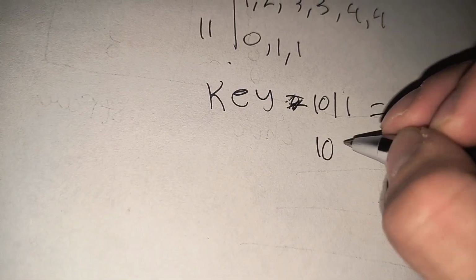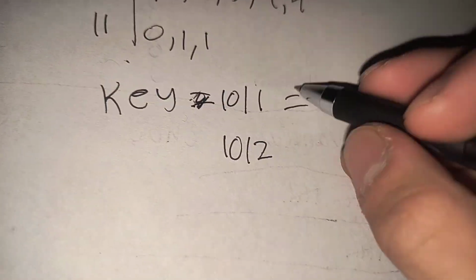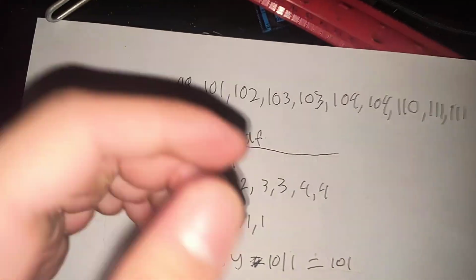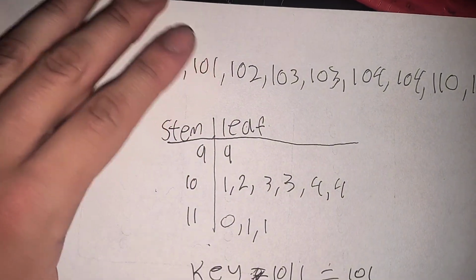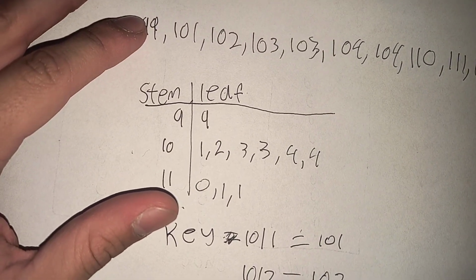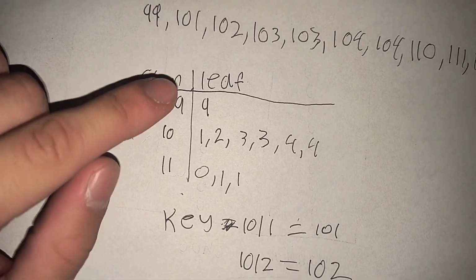Or the key also equals this 10, this category, and this 2 equals 102.